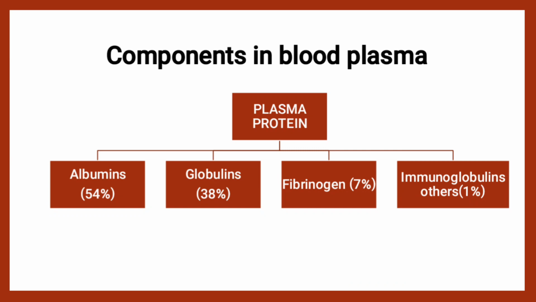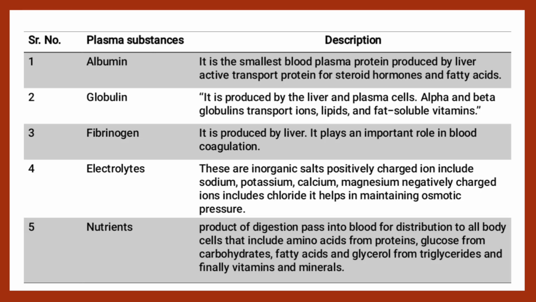They have a major role in development of immunity as well as fighting against infection through the various formed elements. Plasma substances include albumin, globulin, fibrinogen, electrolytes and nutrients. Each has its own function.